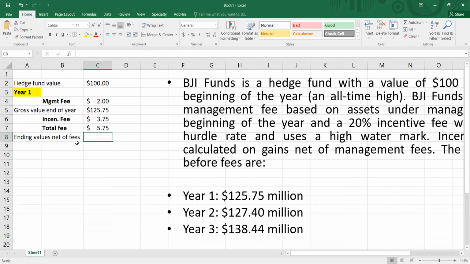In total we earn 5.75 million. However, our gross value at the end of the year was 125.75. So gross value minus total fee. This much is the value of the hedge fund after the payment of all the fees.